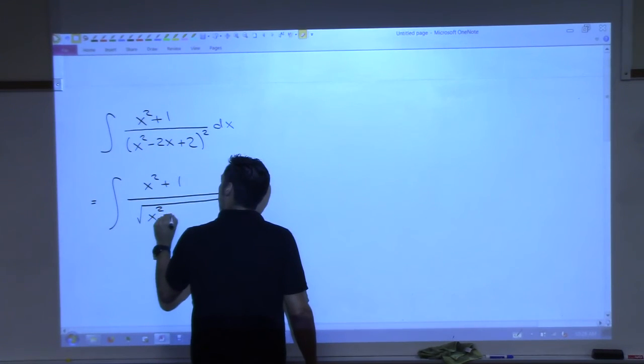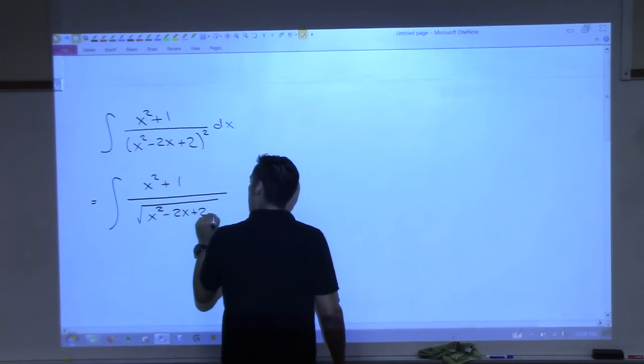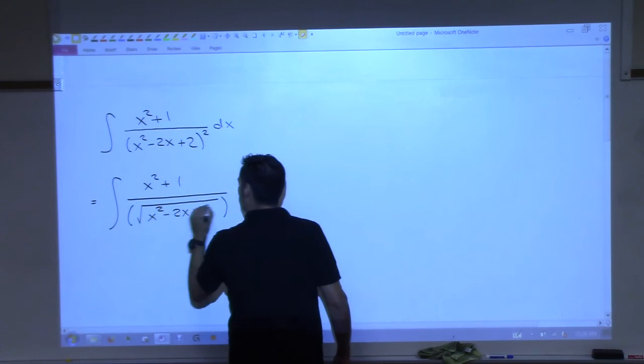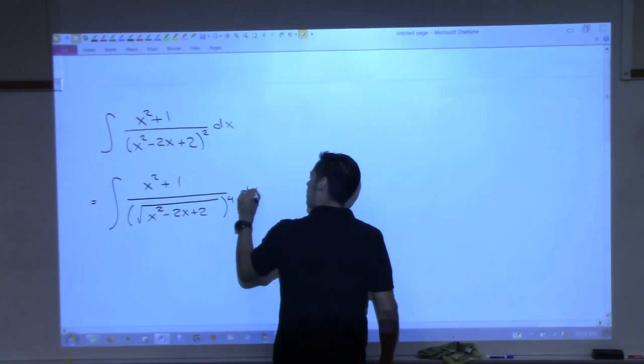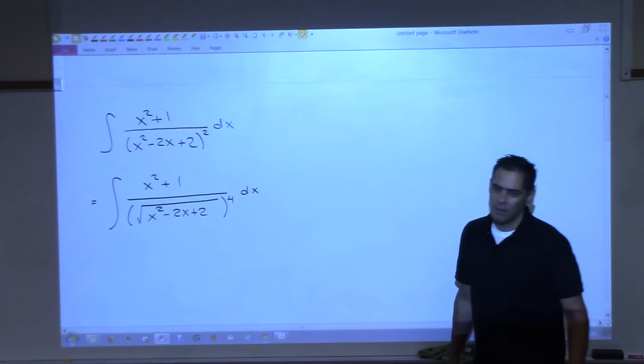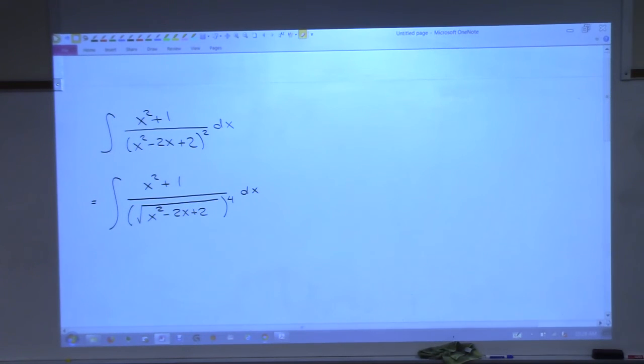That root that you couldn't see is here, hiding from you. Tell me if I'm wrong. Because that's raising it to the 1/2, then to the 4th. So when you multiply 1/2 times 4, you get 2.